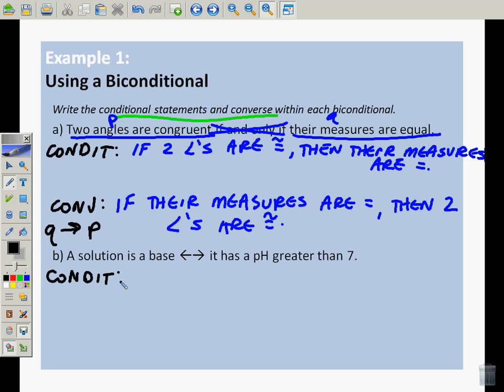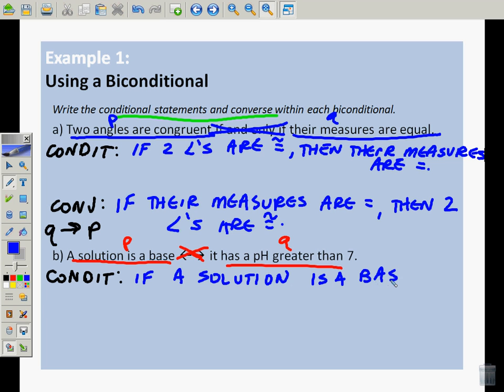Conditional would be part A. Remember, we don't need that now. And part P and Q. So the conditional looks like this. If a solution is a base, then its pH is greater than 7.